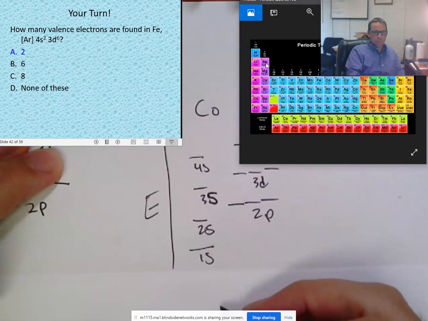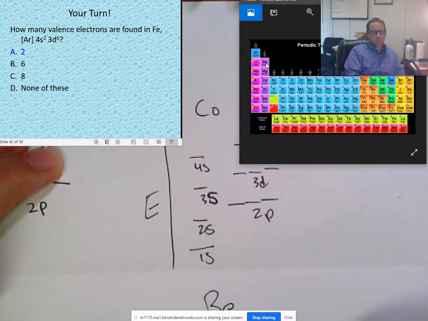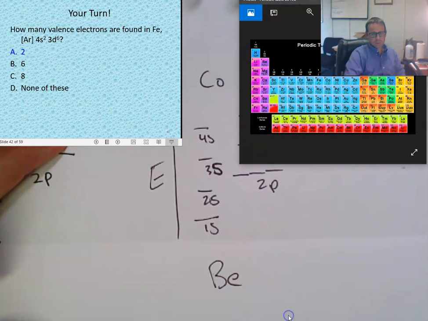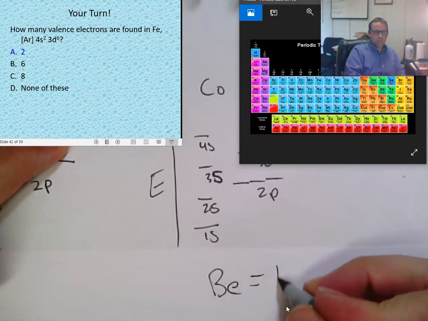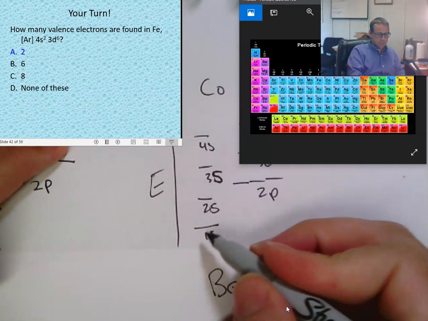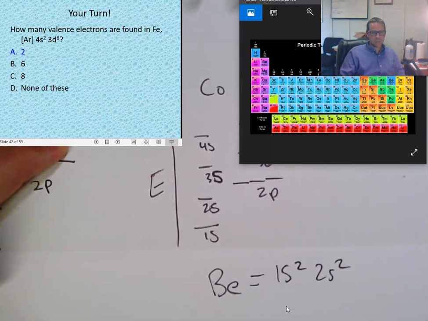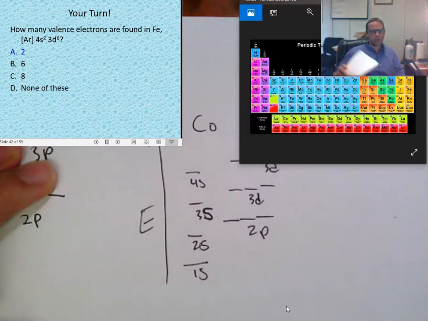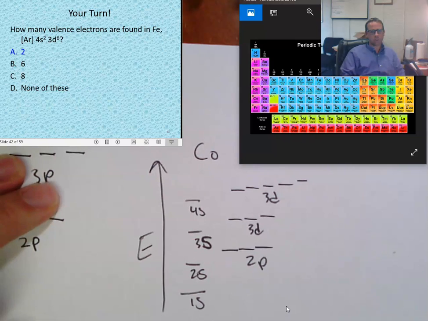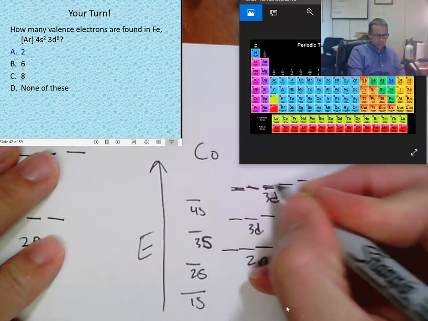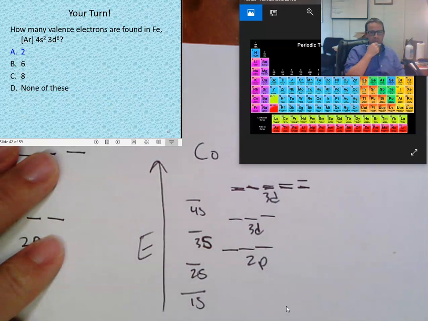If I did beryllium, for example, electron configuration 1s2, 2s2, right? So that would be 2 electrons here and 2 electrons there, and that would be fine. But let's say we want to go to cobalt. Now, if we want to go to cobalt, I shouldn't have drawn these as a staircase. They should be just flat.